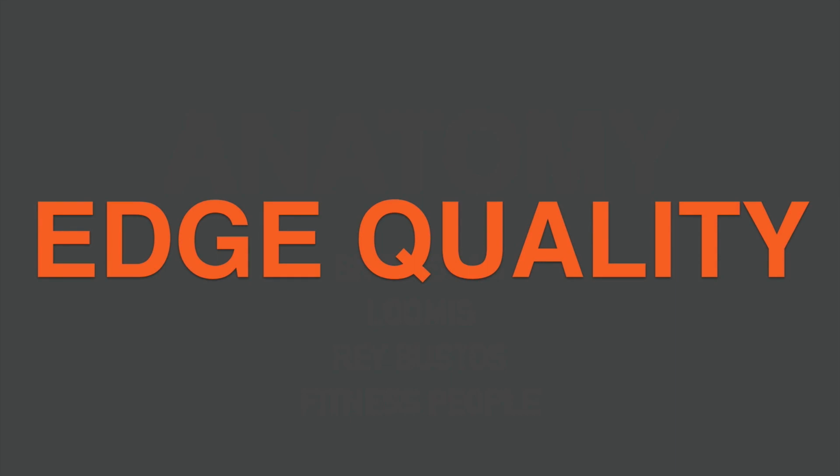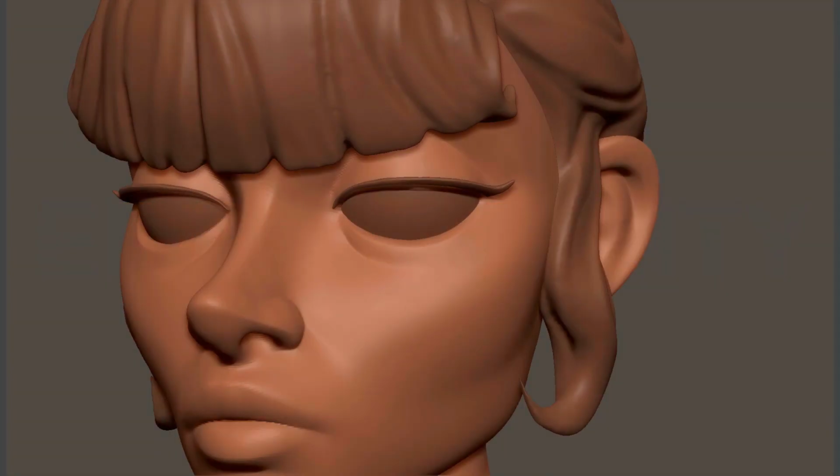Another terminology piece that I want to talk about is edge quality. So when I talk about edge quality, I'm talking about hard and soft edges, usually defined by breaks in line and form. Here's a good example of what I mean. On this sketch that I started a while back, if we just take a look at the eye area, there's a crease underneath the eye that defines that socket line, and it moves from a relatively sharp creased edge to a smooth, very dissipated edge right there.